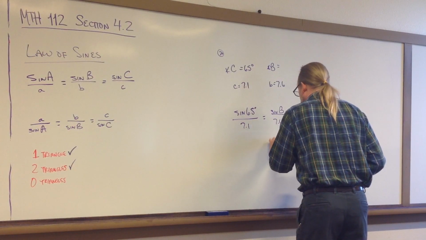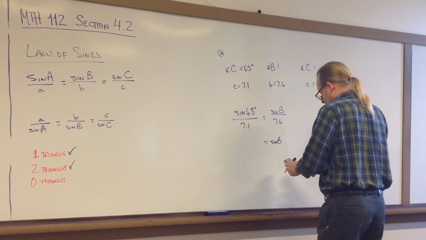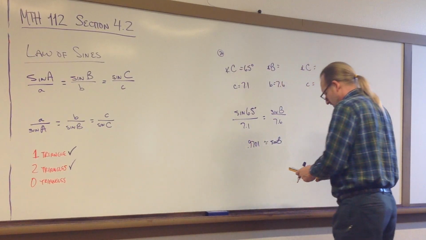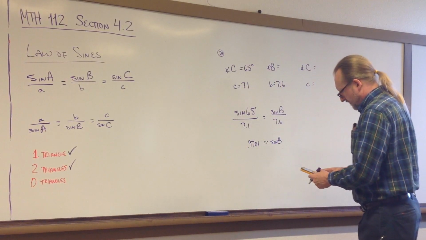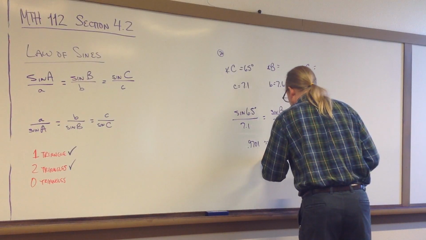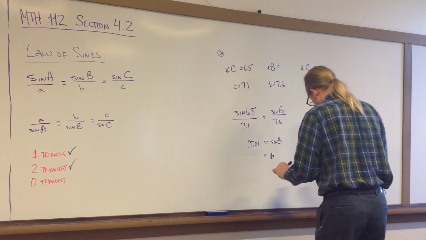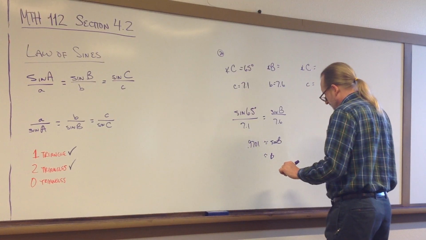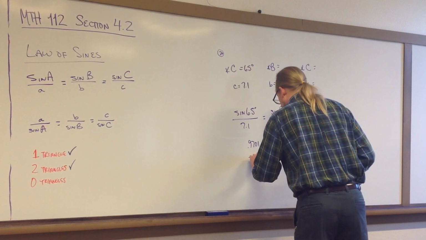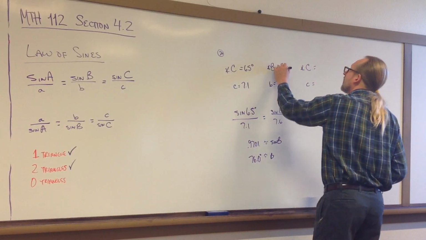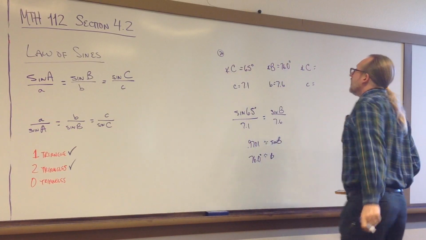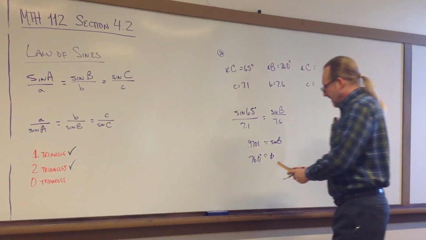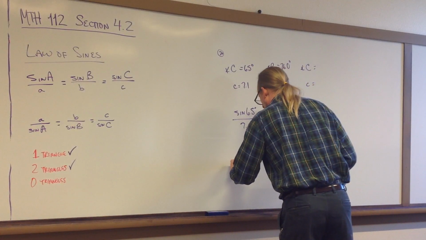So, sine B is going to be about, take the inverse sine for that. We get angle B. It's going to be about, what are we rounding to? The nearest tenth of a degree. That would make this 76.0 degrees. Okay, subtract that from 180, and that makes 104.